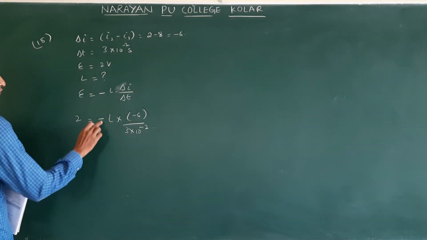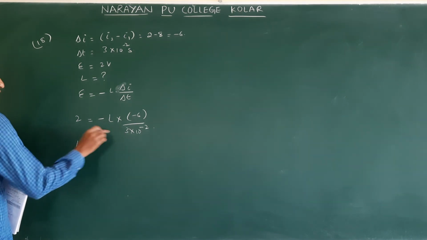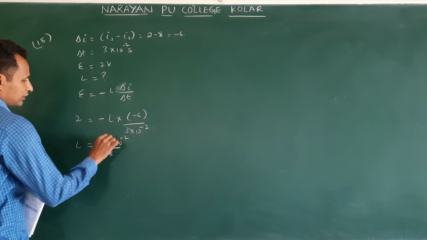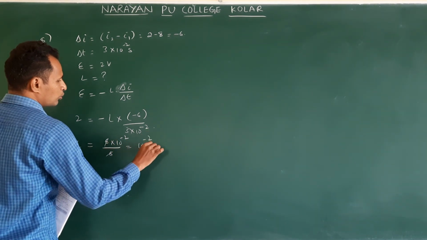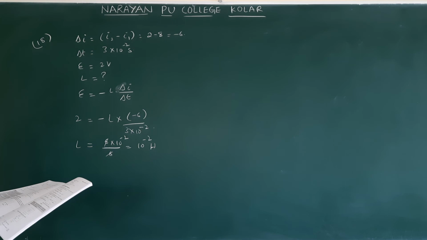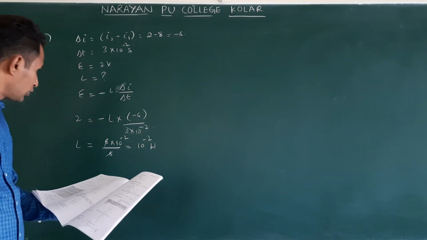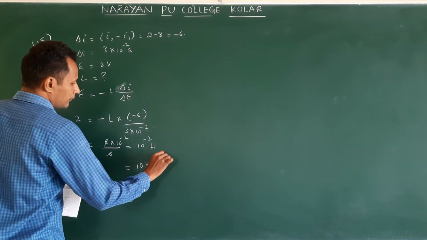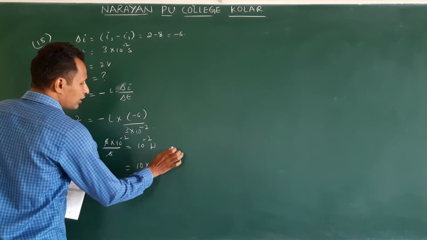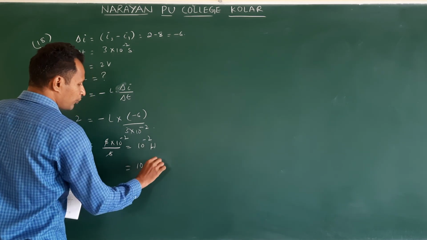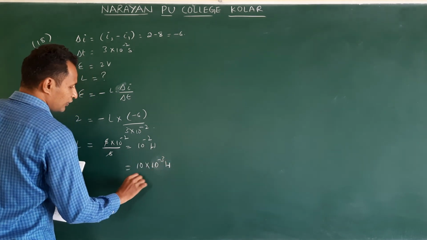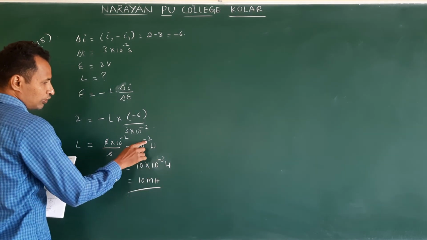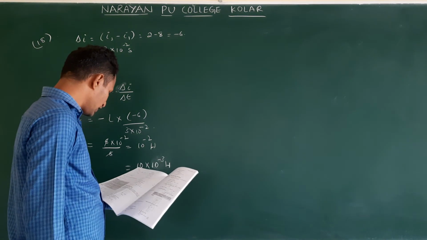Then L is equal to minus into minus plus, 2 into 3, 6 into 10 power minus 2 by 6, cancel. 10 power minus 2 Henry. They given 10 mH, that is also correct. 10 mH or 10 power minus 3 H. This we will write 10 mH. This is first question.